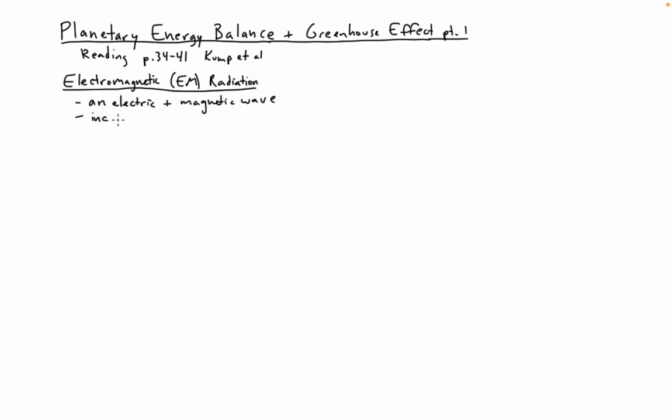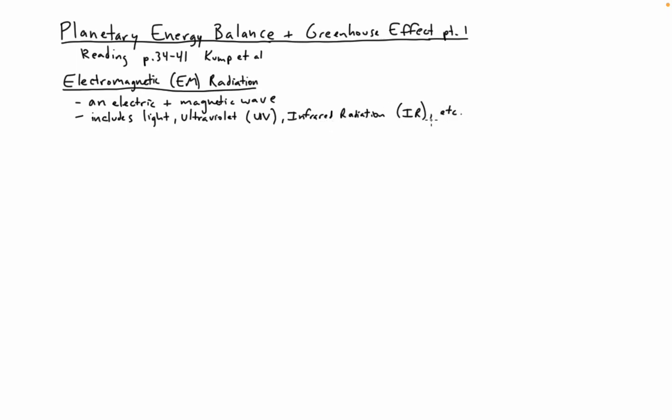So electromagnetic radiation includes light, visible light, ultraviolet, which we'll abbreviate UV, infrared radiation, which we'll abbreviate IR, and many other things that we're not going to talk too much about.